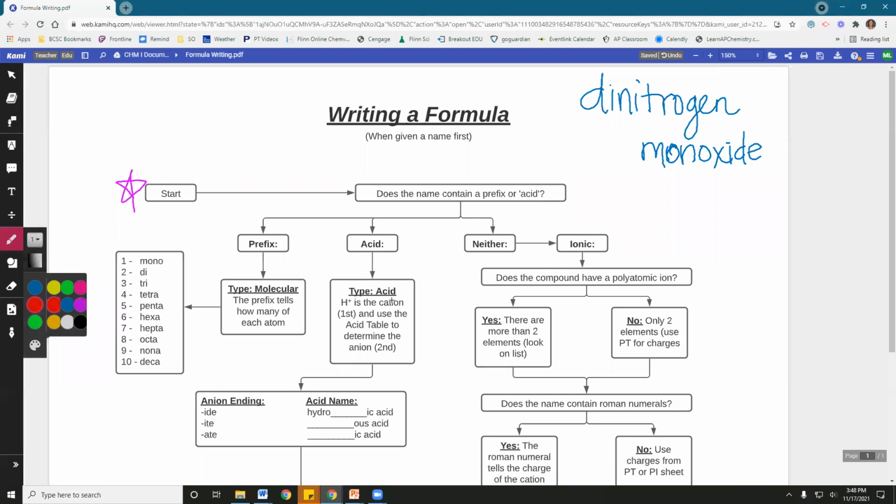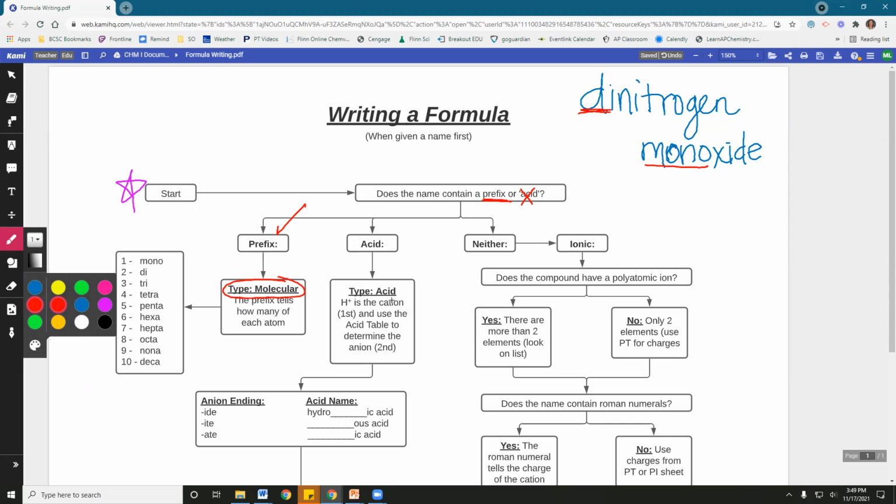Last example we have is dinitrogen monoxide. First question: do we have prefixes or the word acid? We don't have the word acid, but we do have prefixes because we have di and we have mono. So since we have prefixes, the type of compound is molecular. We don't have to look up charges on the periodic table. All we need to know is that the prefix in front of that element tells you how many there are.